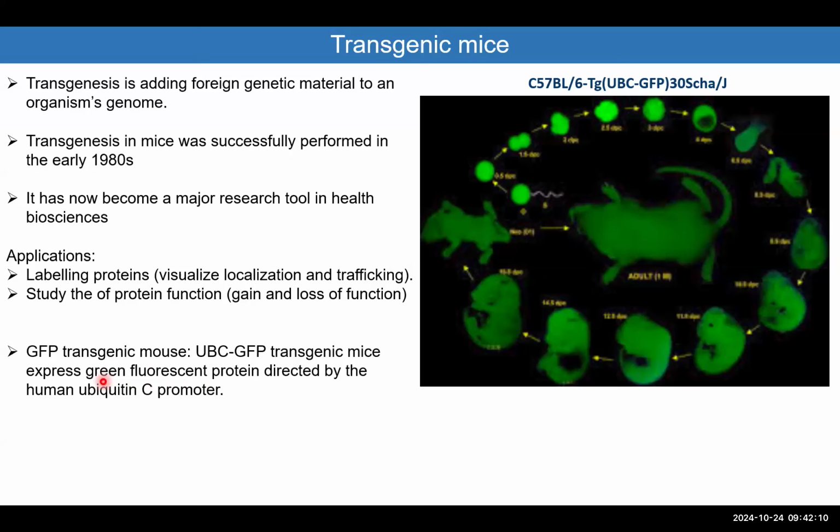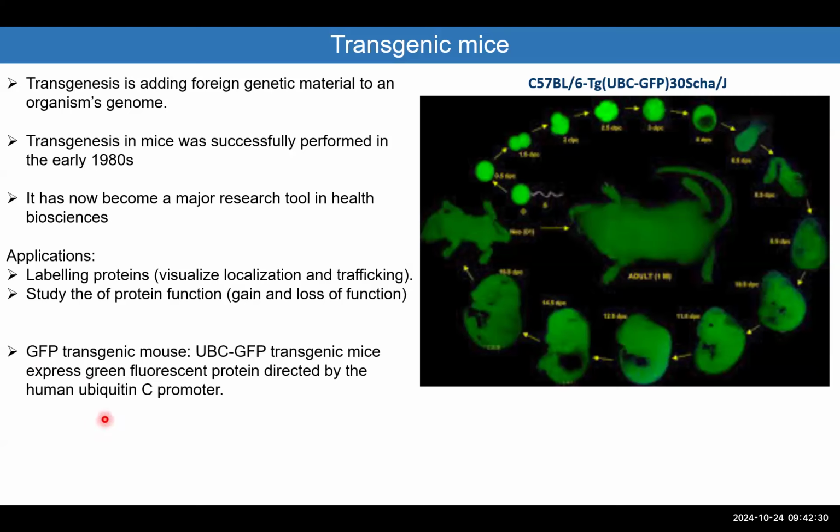it will generate a mature messenger RNA and a mature protein that is green fluorescent. Every time the promoter is on, you will generate a green fluorescent protein.